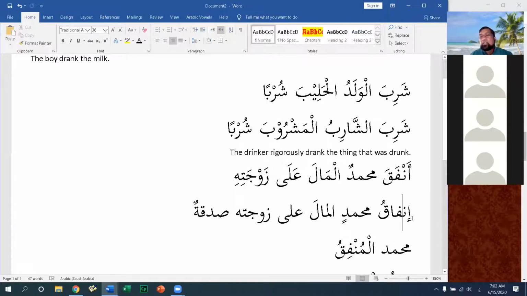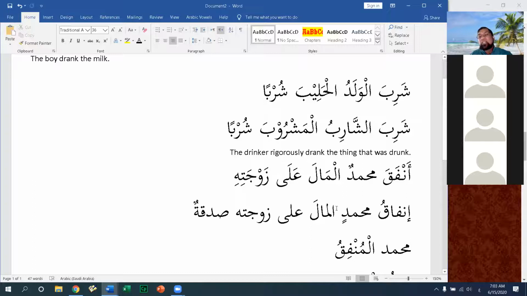The way we analyze this, we would say infaqu mubtada marfu'un wa alamatu raf'ihi dhamma. And infaqu mudafun, Muhammadun mudafun ilayhi. And then we will say al-mala maf'ulun bihi lil masdar.